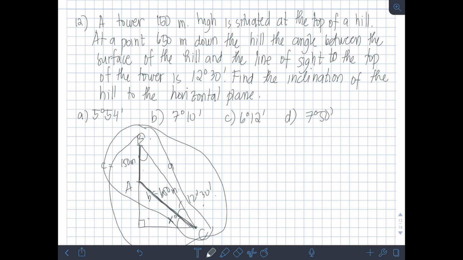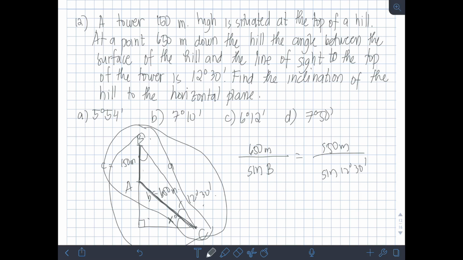Okay, so gawin natin. So, sine law muna. So, 650 meters over sine yung opposite angle sa kanya, which is yung unknown, yung angle B, equals, dito sa dalawang given, yung side 150 meters over yung sine ng given angle na 12 degree and 30 minutes.